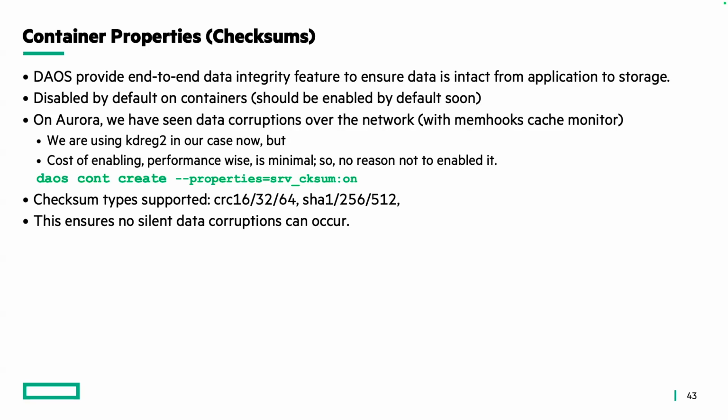Correct. Let's say you are writing a file and one of your transfers experienced a checksum error, you don't have to do anything. It will retry that write automatically if it saw a checksum error over the network, to get it into storage.